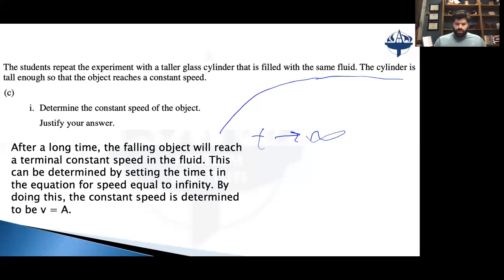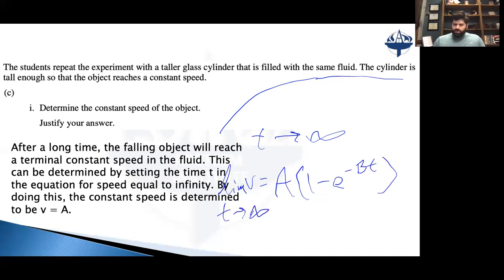So that equation that we had, v equals a times the quantity 1 minus e to the negative bt. What we're really looking at here is the limit of this as t approaches infinity.